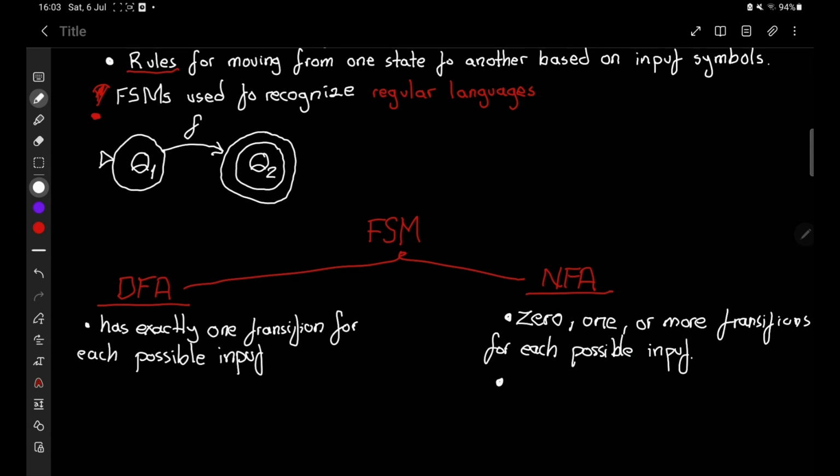Also, NFA includes transitions without any input. That means epsilon transitions. So, NFA allows the use of epsilon transitions.